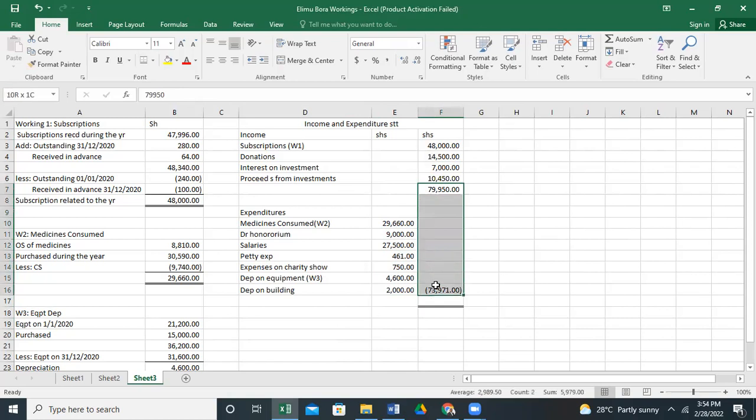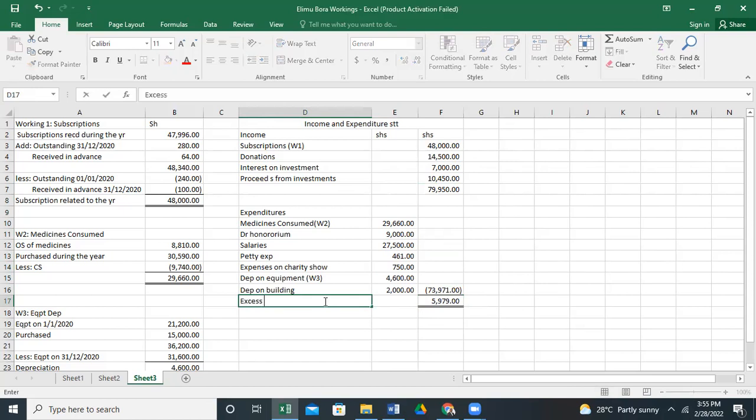In this case, we have a surplus of 59.79. 59.79 is the figure that we are going to take to the statement of financial income. So we have a surplus, or I just call it excess of income over expenditure, I and E. So that is our income statement. It's as simple as that.